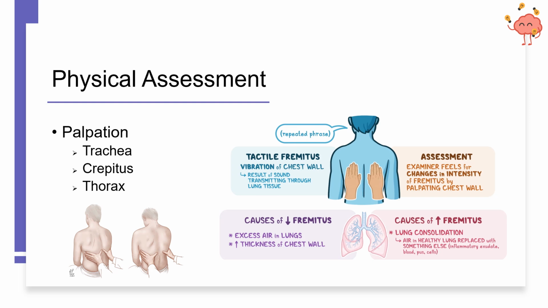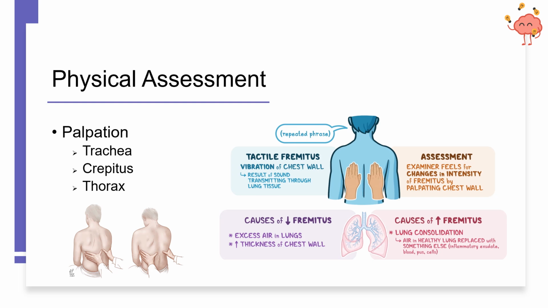And then here in this picture, you see what tactile fremitus is. If you remember, this is vocal tactile fremitus, and it's when you're palpating the chest wall and looking for changes in the intensity of vibrations when the patient says the phrase that you ask them to say. When there are changes in this, it can indicate something going on with the lungs. Some causes of decreased fremitus can be excess air pockets in the lungs or a thickness of the chest wall.